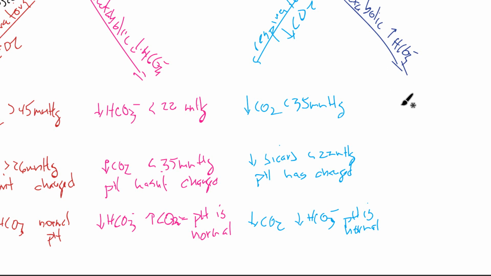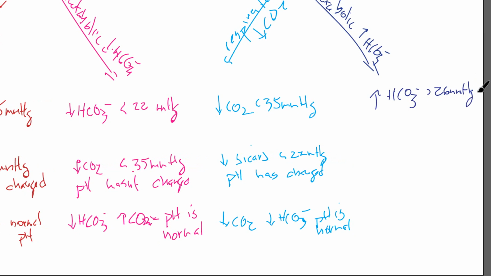Over here, you have a high bicarb, above 26. What the body's going to do is try and increase CO2. If you've got increased base, let's try and increase acid.